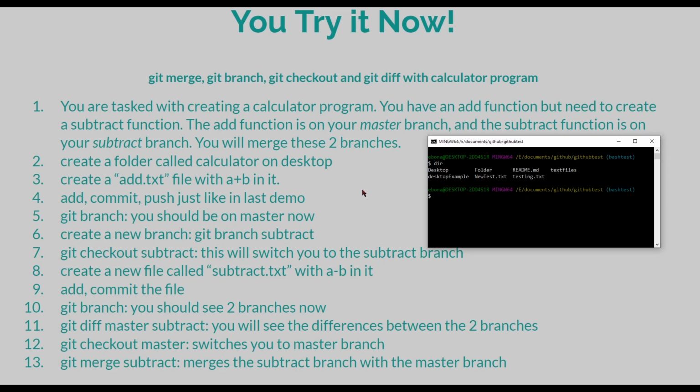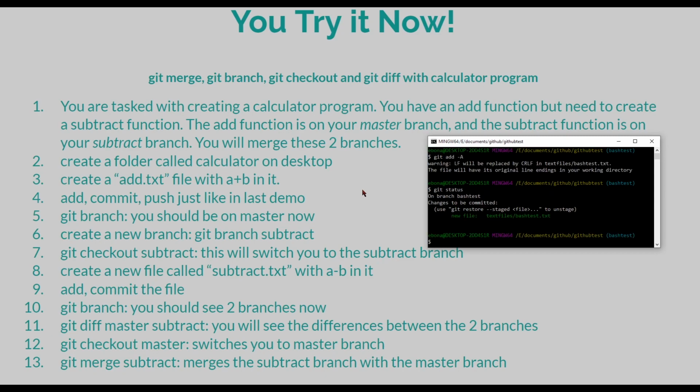Now we should be able to add these changes. You do git add ., and if we do git status, we have that new folder and the new file there. Text files is the folder, bash test.txt is the file.